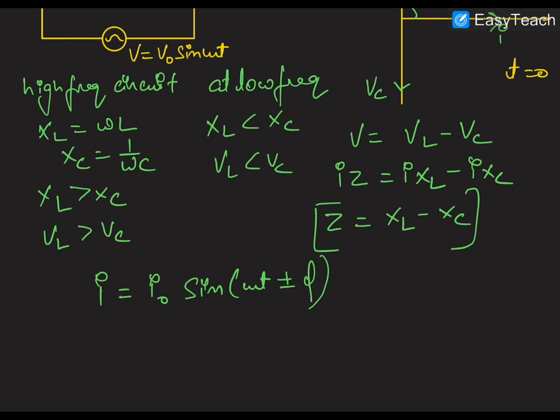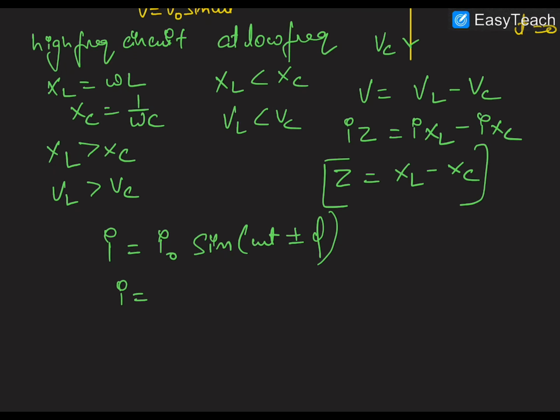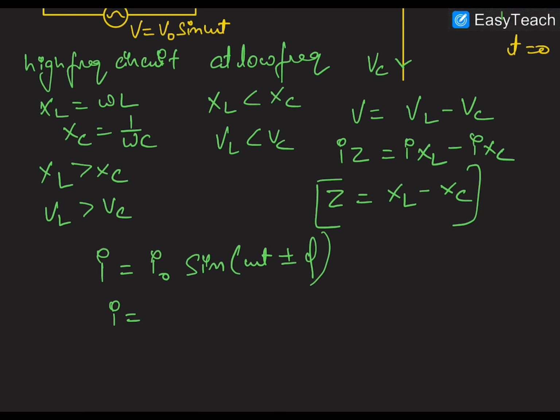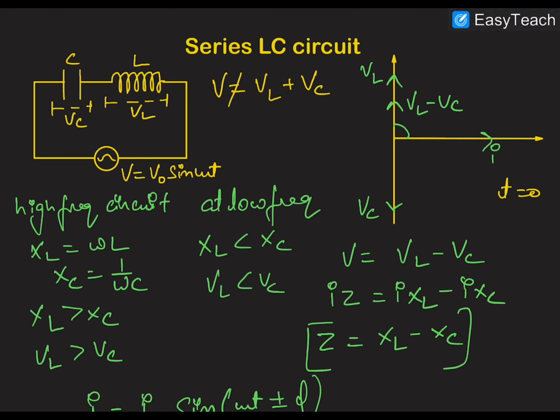First of all, I naught is the peak value of current, and the peak value of current is V naught upon Z. We have already assumed that this is a high frequency circuit, in which VL will be greater than VC, and therefore the net voltage will be VL minus VC.